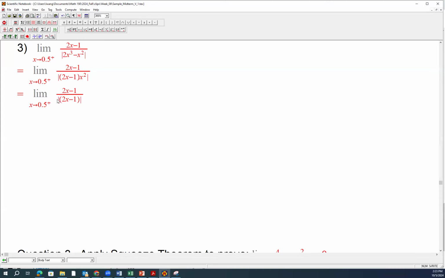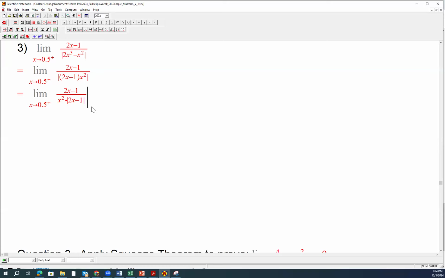Why can we drop the absolute value? Because the absolute value of x squared is going to be the same as x squared. Okay? And now we got 2x minus 1. We remove this parentheses here. And we are taking limit from larger than half.